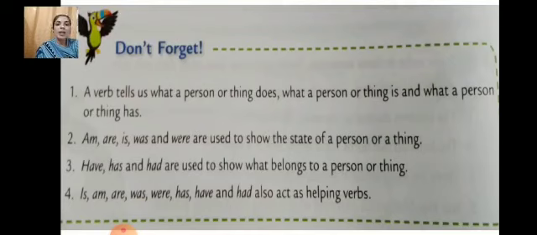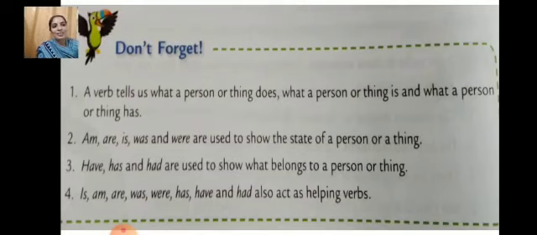Number three, have, has, and had are used to show what belongs to a person or thing. Number four, is, am, are, was, were, has, have, and had also act as helping verbs. Helping verbs means they are supporting the main verb to tell the time period.